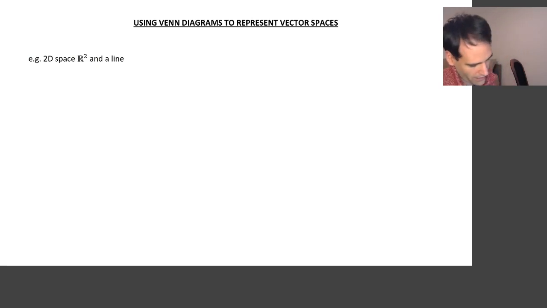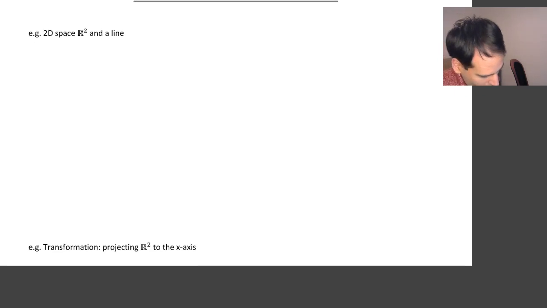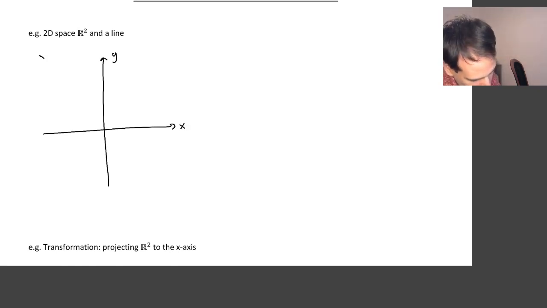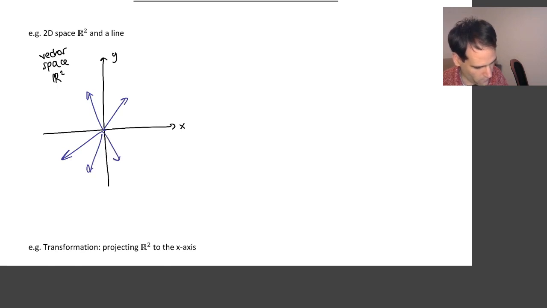Okay, so let's do an example. Let's imagine I want to represent the vector space of the two-dimensional space, which we usually call the vector space R squared. So this is a vector space in which an infinite amount of vectors are living. Every possible vector you can draw in this vector space is living in this vector space.